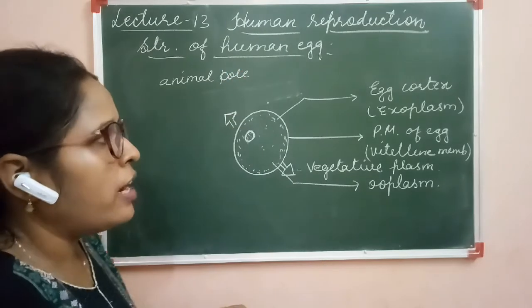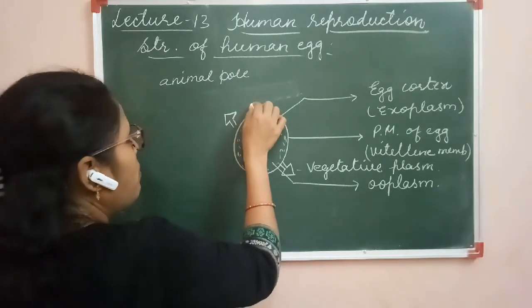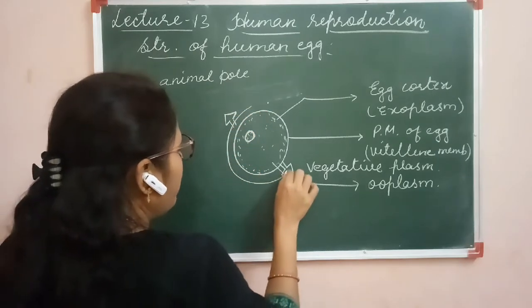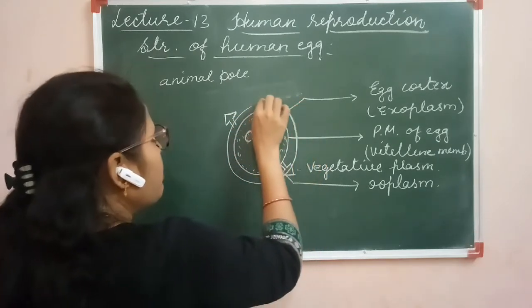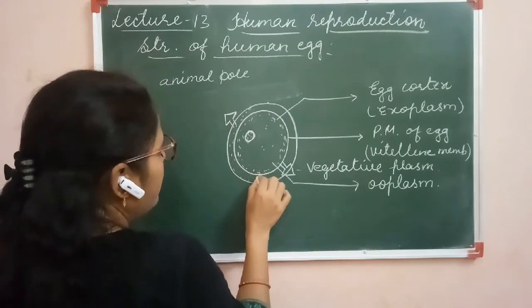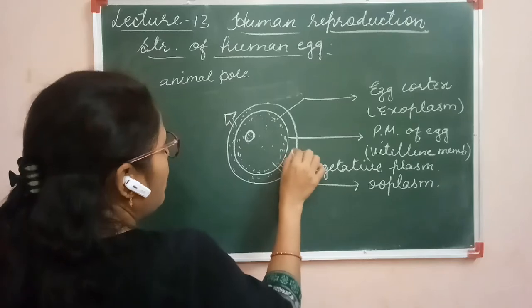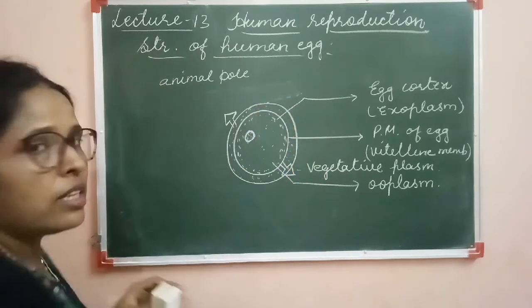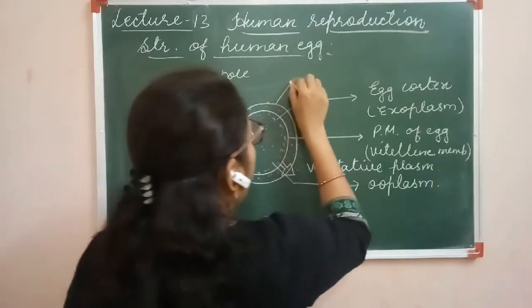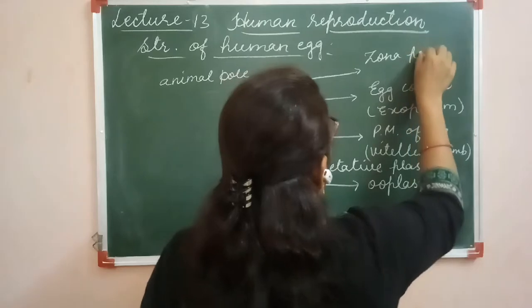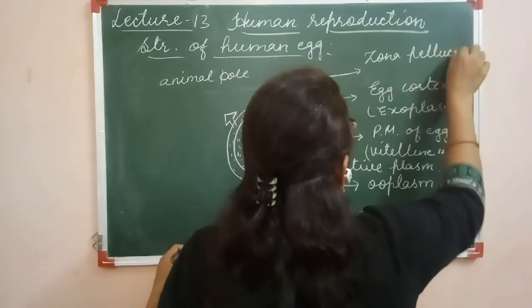At the outer side of this plasma membrane, one more non-cellular membrane is also present. This membrane is non-cellular and it is secreted by the follicular cells. This membrane is called zona pellucida.